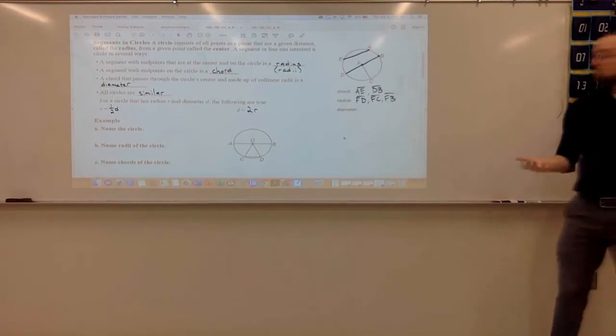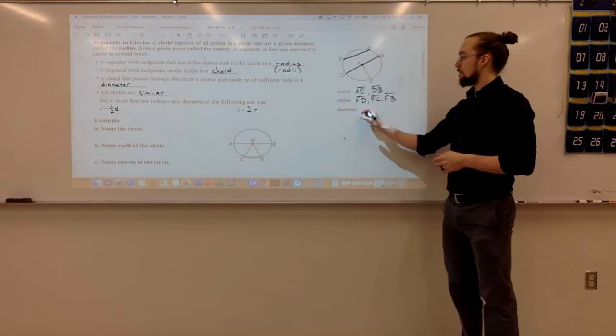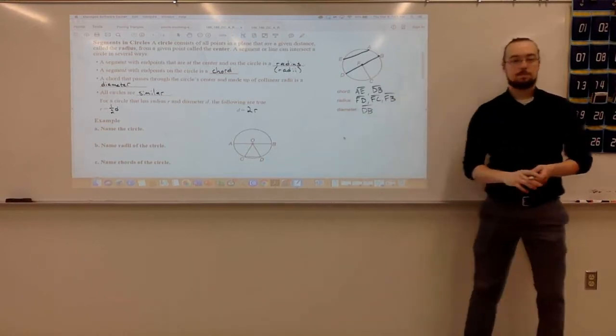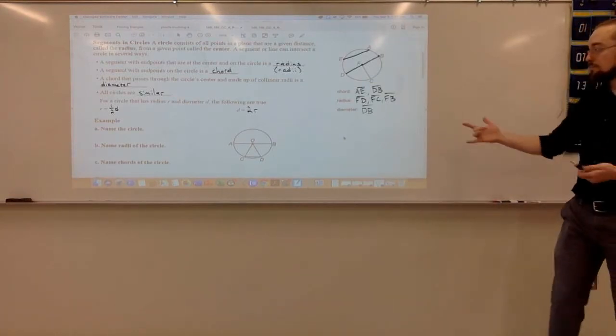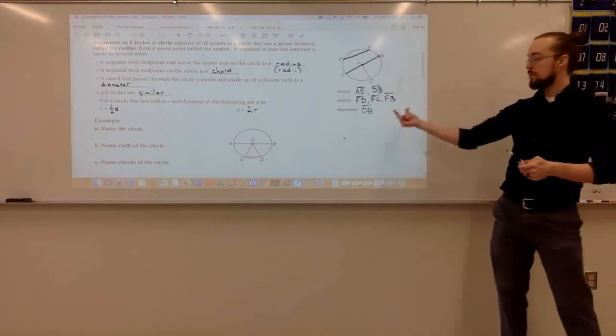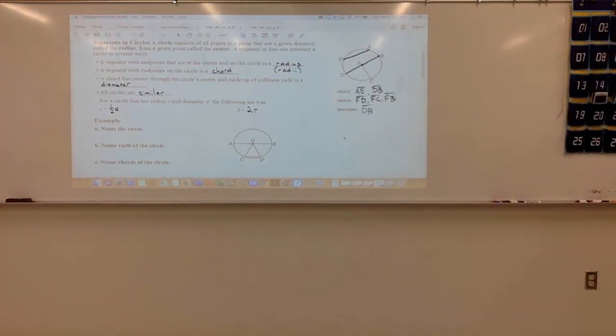And as it's drawn, we just have one example of a diameter. DB would be an example of a diameter. Remember, a diameter is a special type of chord, so that's why DB fits both a chord and a diameter.